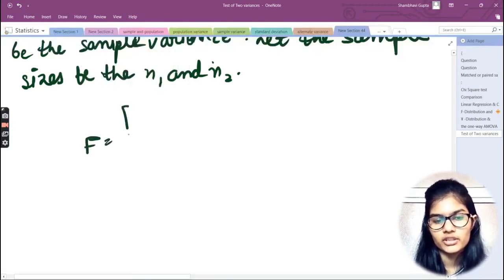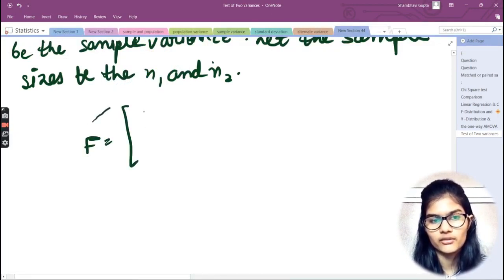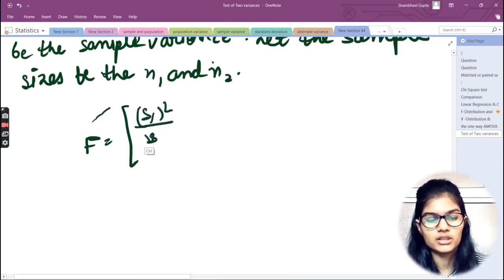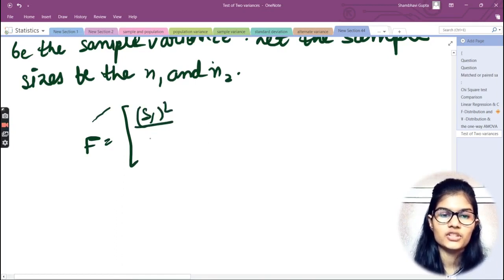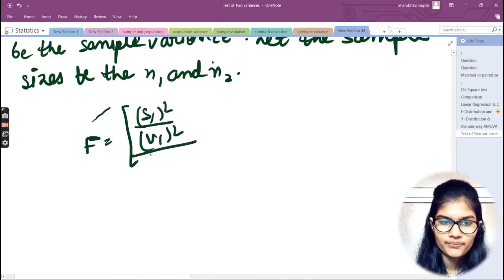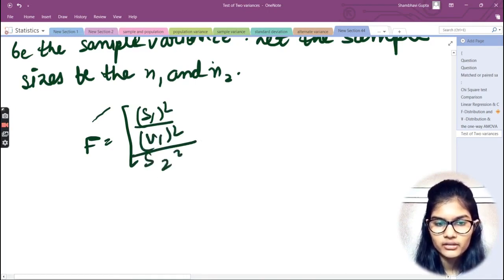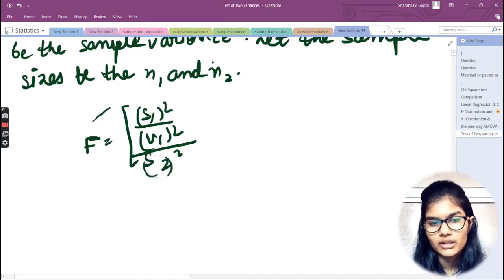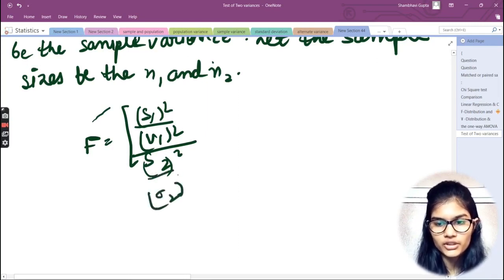So F is equal to S1 square upon sigma 1 square, upon S2 square upon sigma 2 whole square. Right, so this is how we put on the relevant formulas.